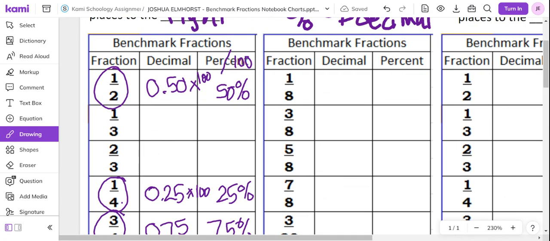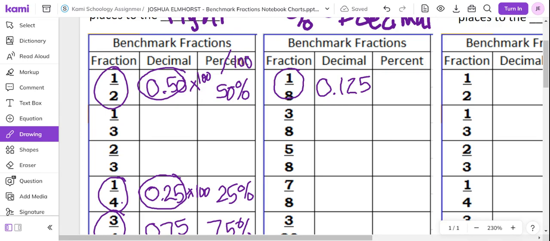Now this may sound a little confusing, but if we divided $1 by 2 and we got 50 cents, and then we divided 50 cents by 2 and we got 25 cents, what if we divided 1/4 by 2 and then we got 1/8? What is 25 divided by 2? 12.5.